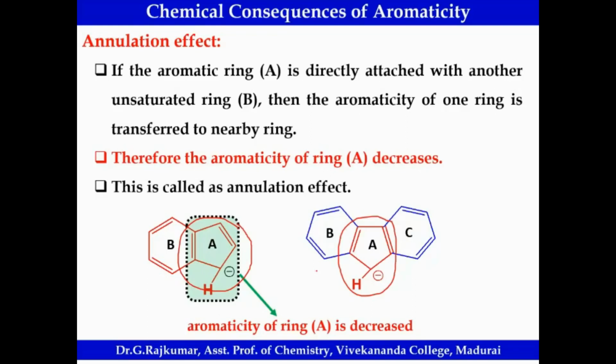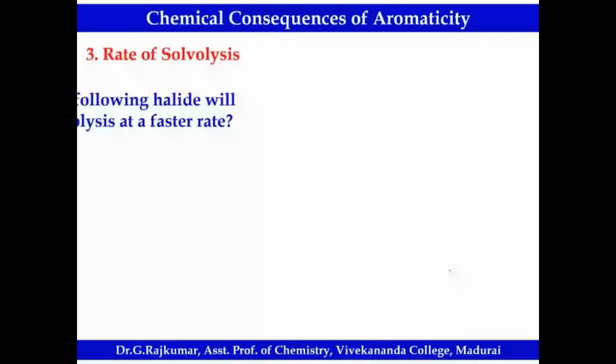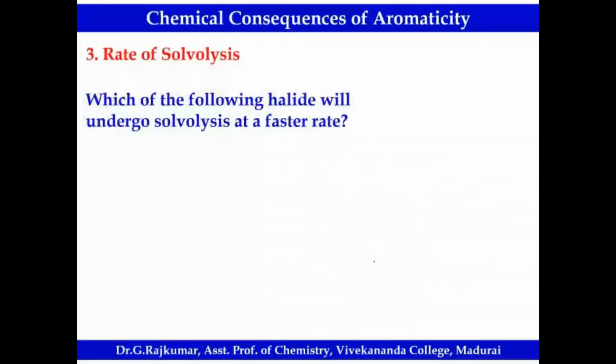So the calculation of electrons. This ring A, the aromaticity is drastically decreased and it is transferred to the nearby ring, that is B and that is C. So this is annulation effect. Then rate of the solvolysis reaction.